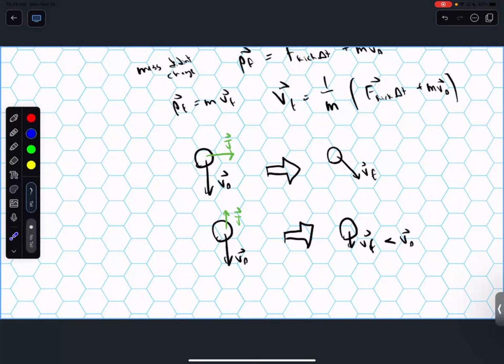And that will manifest as a minus sign somewhere when I do a calculation like this. So even though I kicked it as hard as I could and for as long as possible, so my impulse was really big, I kind of undid the direction it was already going. So momentum captures not just the idea that heavy objects tend to keep doing what they're doing, but they also want to keep going in the direction they're going unless I apply a force to them, which is very consistent with Newton's second law, but it really captures how mass couples into the problem.